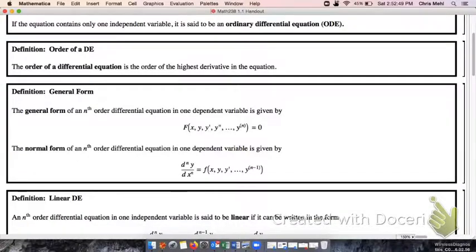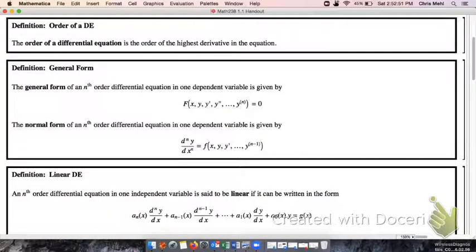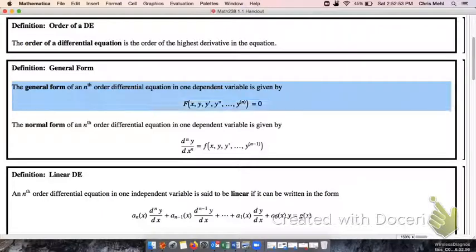The general form of a differential equation, now there's two of them. I guess there's the general form and what is called the normal form. The general form of an nth order differential equation in one dependent variable is basically just obtaining a zero on one side. So say you had some equation, non-zero on both sides.